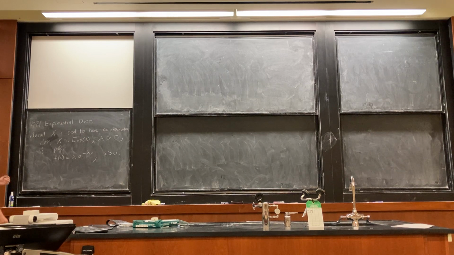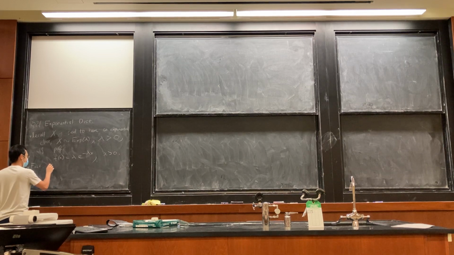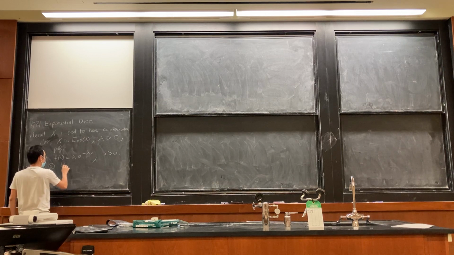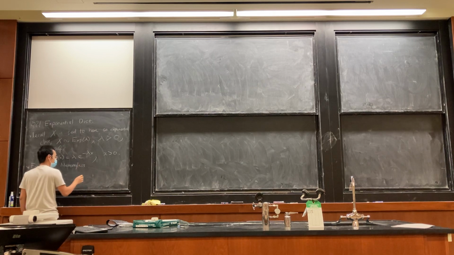I'm sure you have seen this. Let me mention the first elementary fact concerning exponential distribution. Fact 1A is the so-called memoryless property.